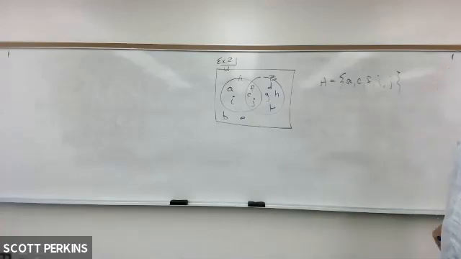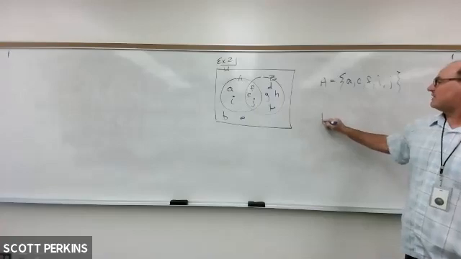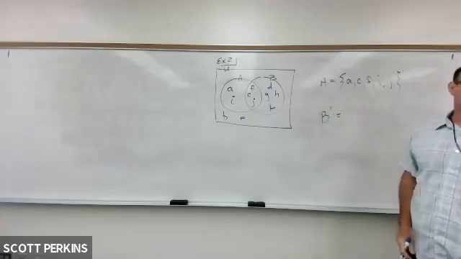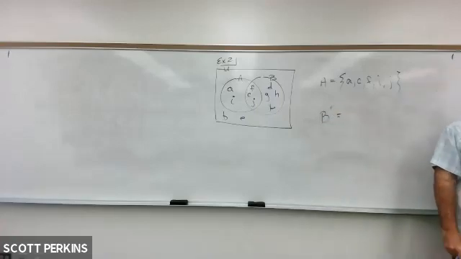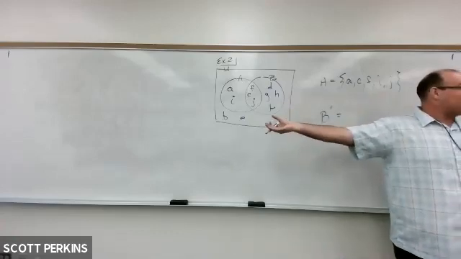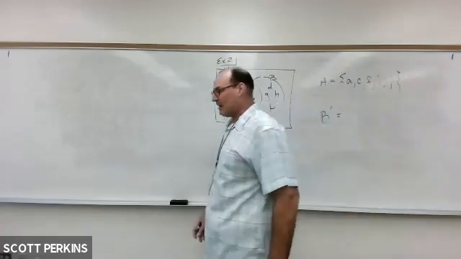Okay, then what I would like you to do now is tell me what B complement is. Remember, the complement is everything that is outside of my set. So what is the complement of B?